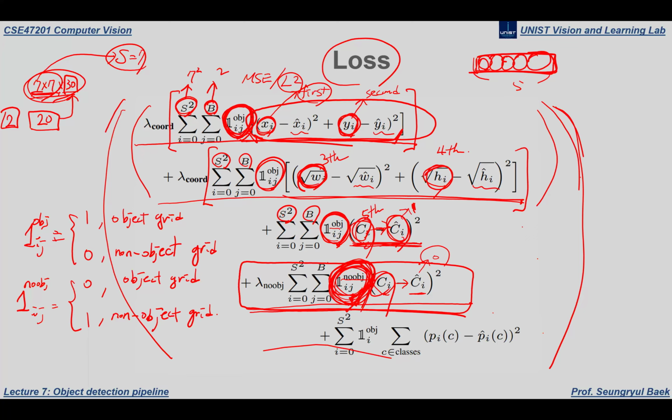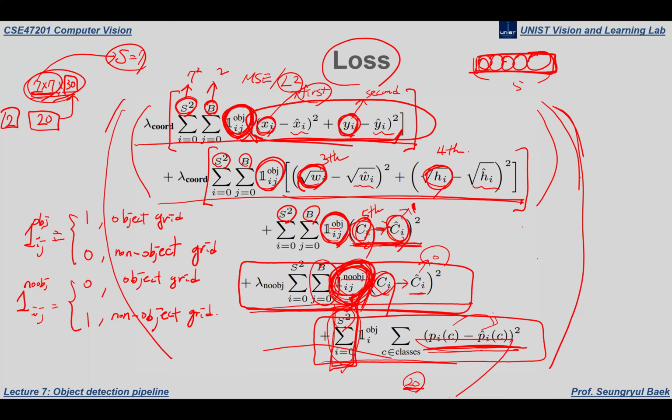And this denotes the class probability for each grid. So they do not have this summation anymore, because this iterates only over each grid. For each grid, they supervise the 20-dimensional vector to make it close to its ground truth. So rather than using the cross entropy loss here, they are using MSE for the probability.